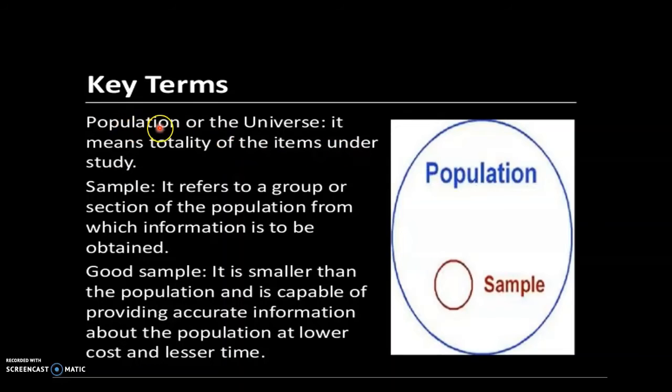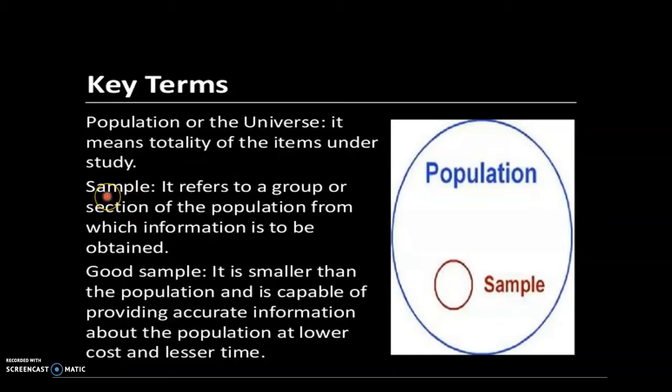So what do you mean by population or the universe? The totality of the items under study. Thus, the population or the universe is a group to which the results of the study are intended to apply. A population is always all the individuals or items who possess certain characteristics according to the purpose of the survey.